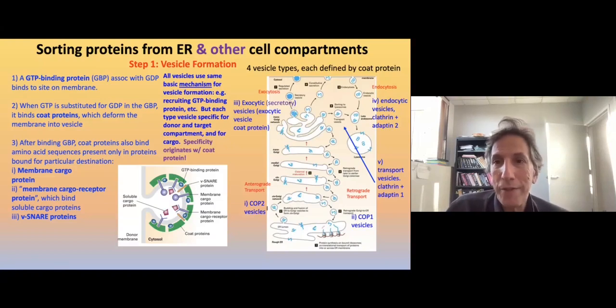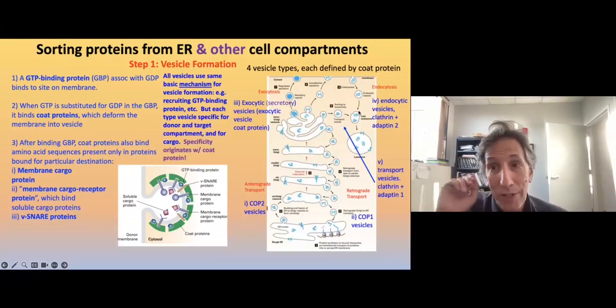Now, one sort of exception to that is you get proteins going to the endosome and to the lysosome, and also proteins coming in by endocytosis. Turns out they use the same coat protein, even though they're gathering different cargo and sometimes going to different places.